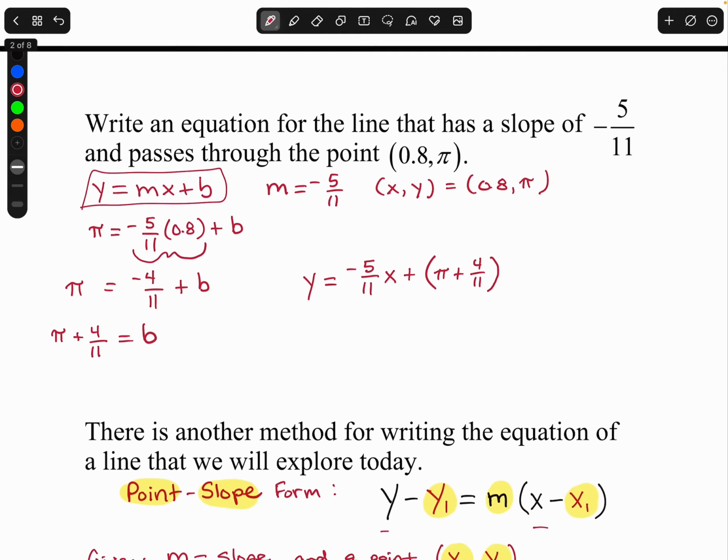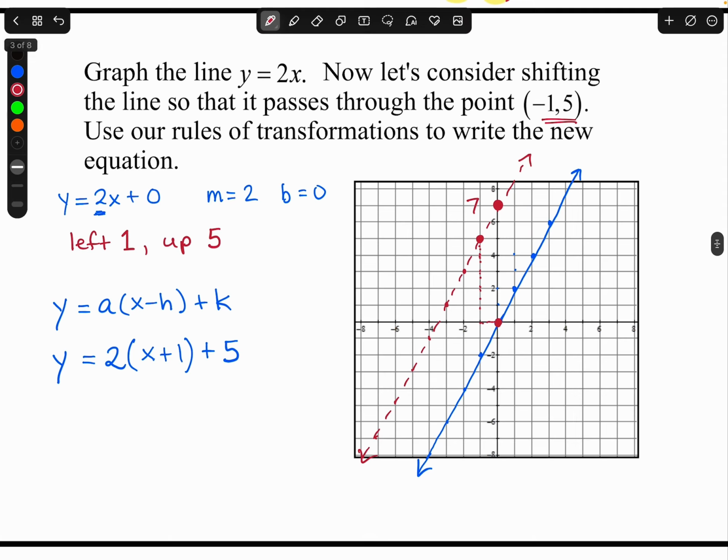The point negative 1, 5 and a slope of 2. y equals 2x plus 7. That is the equation that we're talking about right now. And we would get that if we wanted to simplify the equation that we just came up with using our transformations. We would end up with y is equal to, we distribute our 2 through, we'd have 2x plus 2, and then plus 5, we get our 2x plus 7.